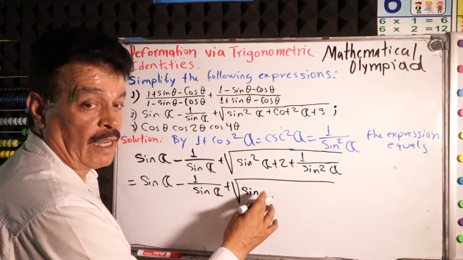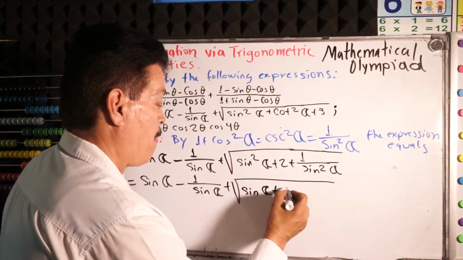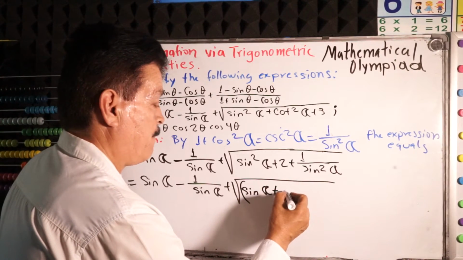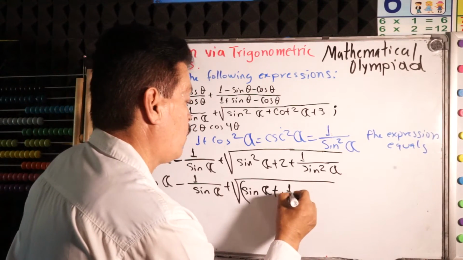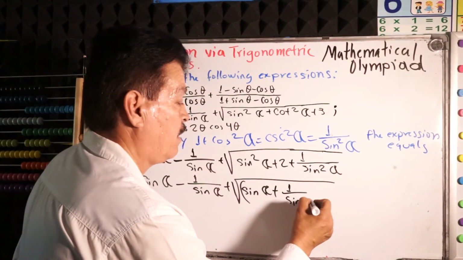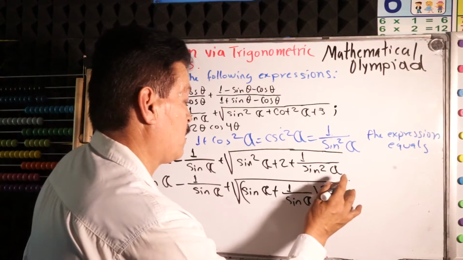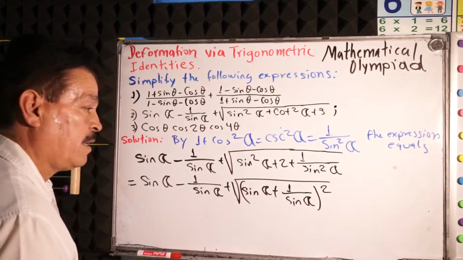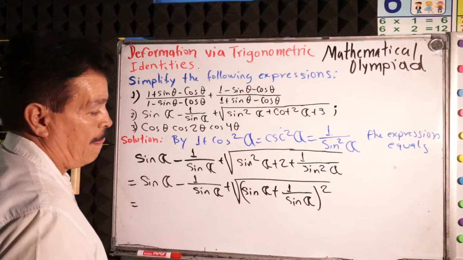Sine of the angle plus 1, sine of the angle now to the second power. Right? So next, almost done.